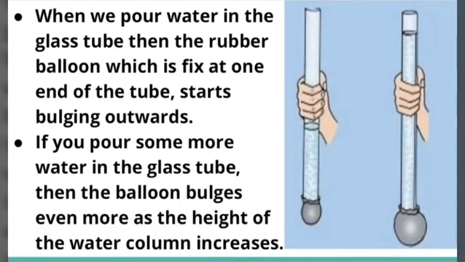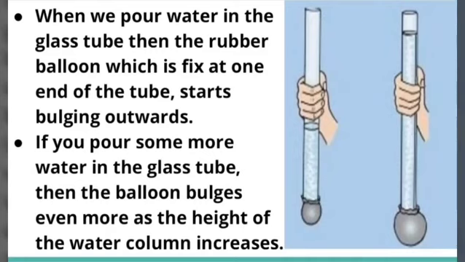Then hold the glass tube with the balloon facing downwards, and put some water into the glass tube. By doing this, you will observe that the balloon starts bulging outwards.